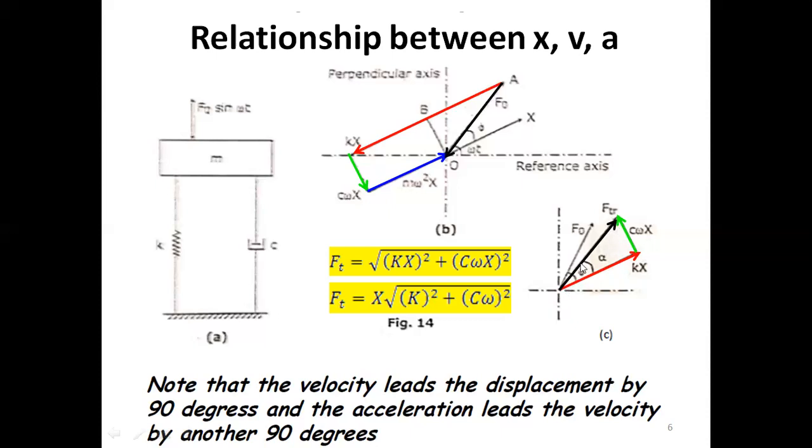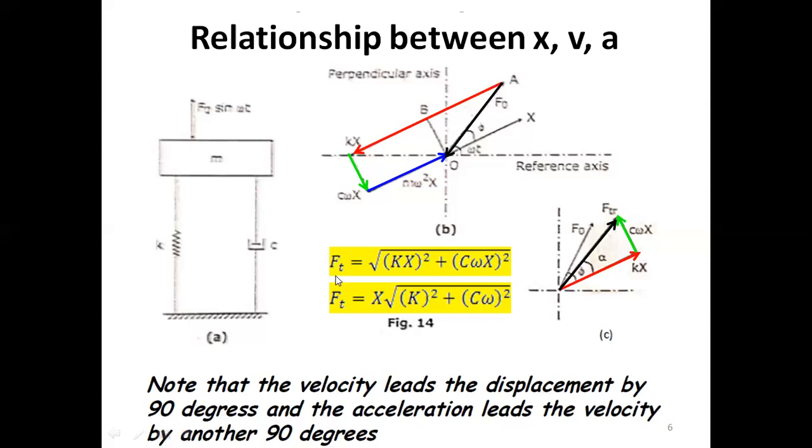Here the resultant is the transmitted force. This is a right angle triangle, so we could apply the Pythagoras theorem, because we know the spring force and the damping force. By Pythagoras theorem we could find the magnitude of the resultant force.